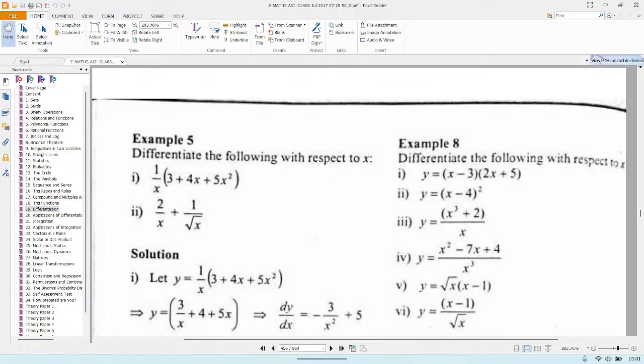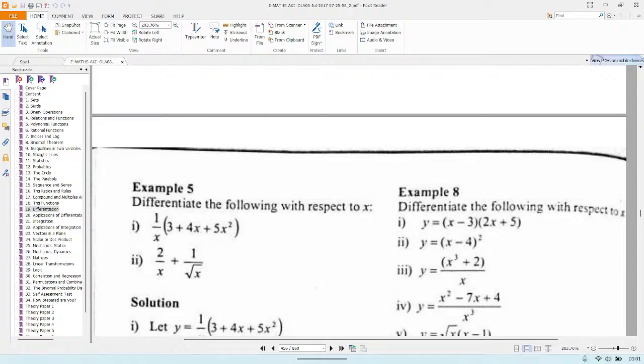Let's see these two. Now in this one, you multiply this 1 over x, which is going to multiply everything. When it multiplies everything, you're going to get 3 over x, 4, then 5x, and you simplify.